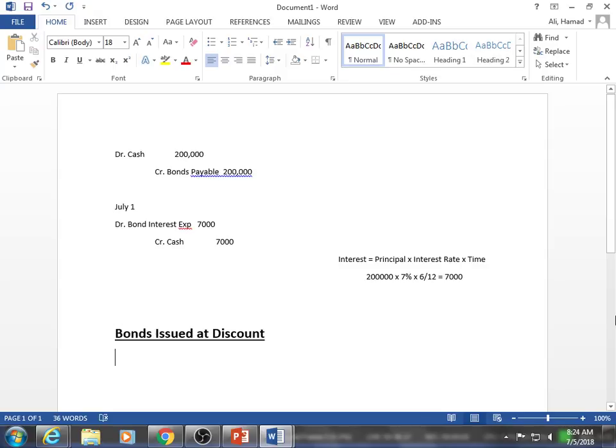Okay, if the face value is $200,000, that means the amount of cash that the corporation is getting for this bond is going to be 200,000 of 7% times 95.9.